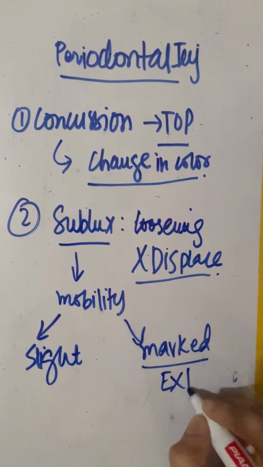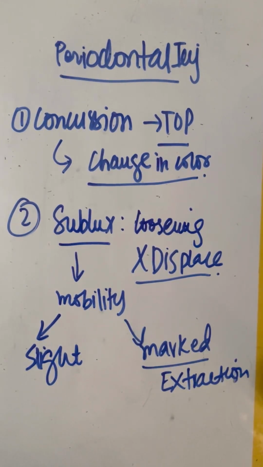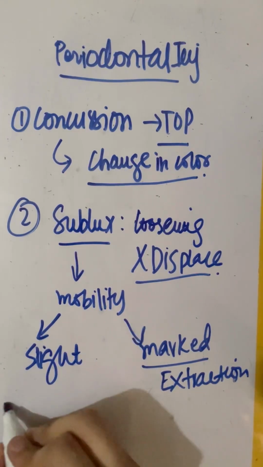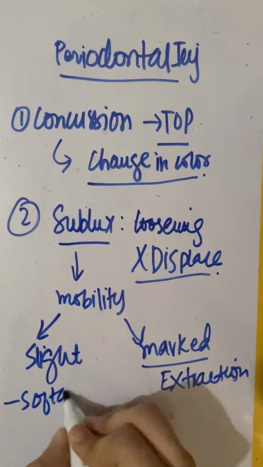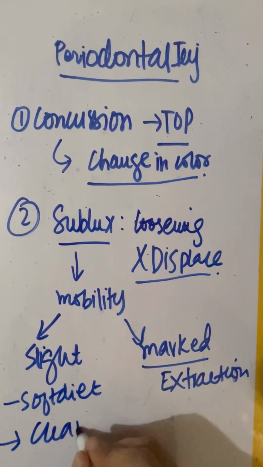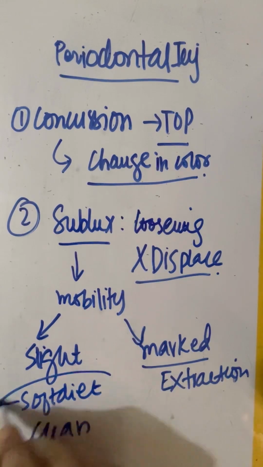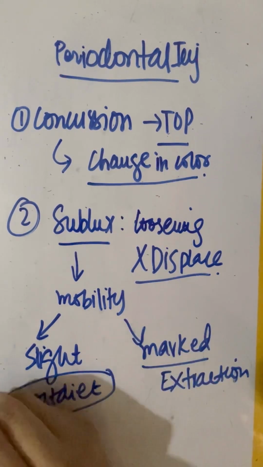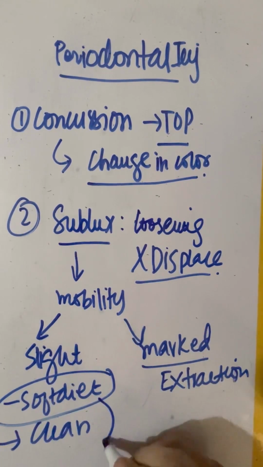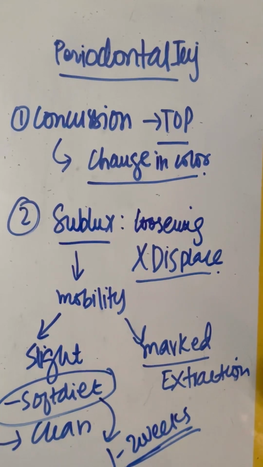We will go for extraction. And in slight mobility, what will we do? We will go for soft diet, and we will clean the traumatic area. The soft diet will be for 1 to 2 weeks.